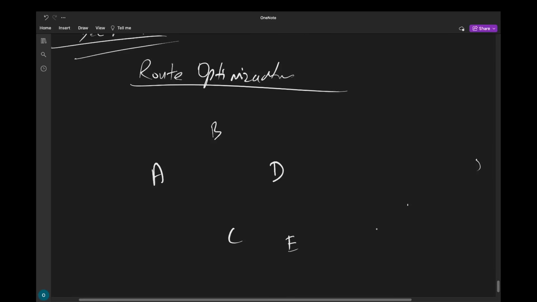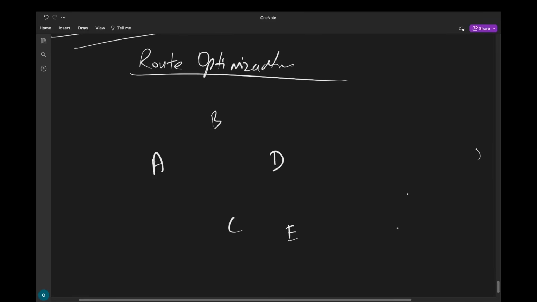Okay, now what can be the possible routes? So route 1 can be A to B, then B to C, C to D, and D to E. So route 1 can be A, B, C, D, E, and suppose it's 180 kilometers.